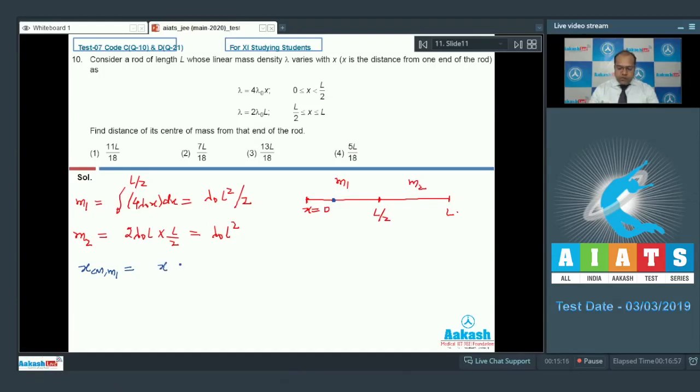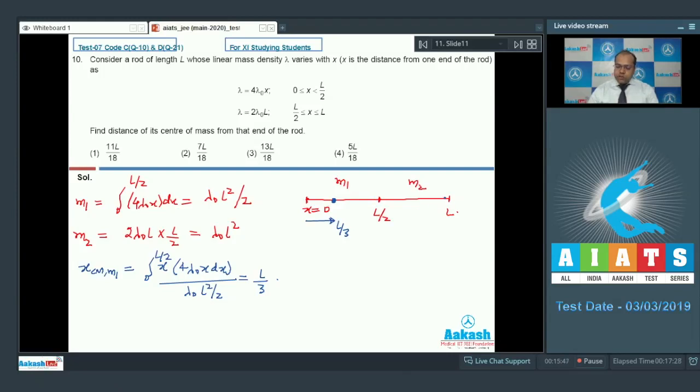So x into dm is 4 lambda naught x into dx. Integration from 0 to L by 2 divided by dm integration 0 to L by 2, which I have already done. So this is lambda naught L square by 2. So on further solving, it comes out to be L by 3. So its position is here at x equal to L by 3.